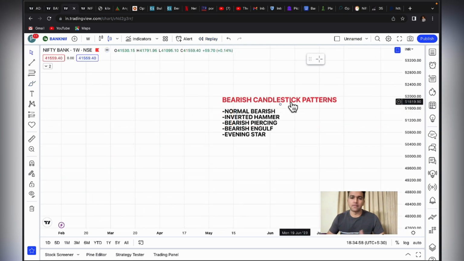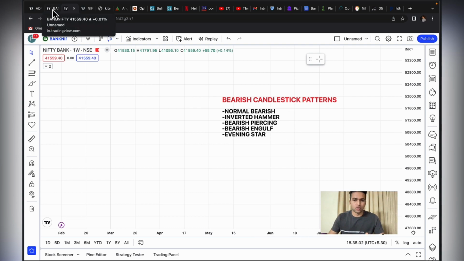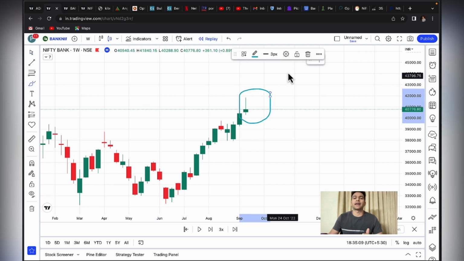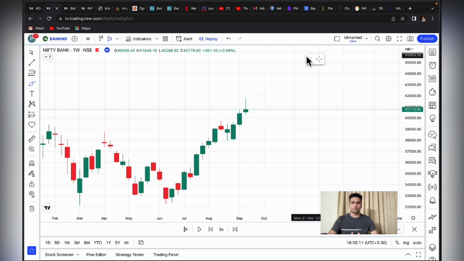So the next example we are looking at is an inverted hammer. This is how an inverted hammer looks. Again, guys, the color of the candle doesn't matter. It's the price action that is created that matters.